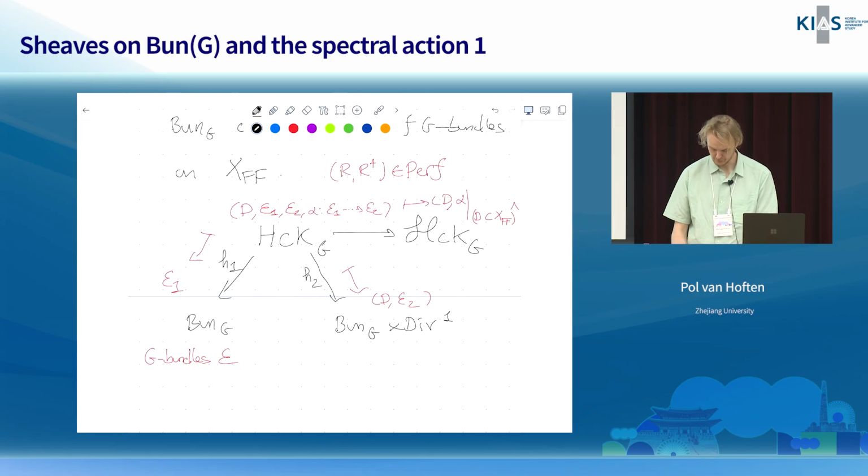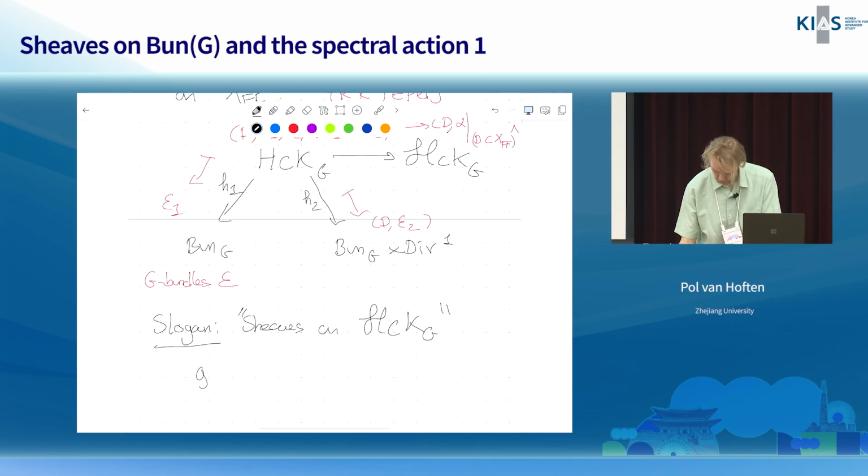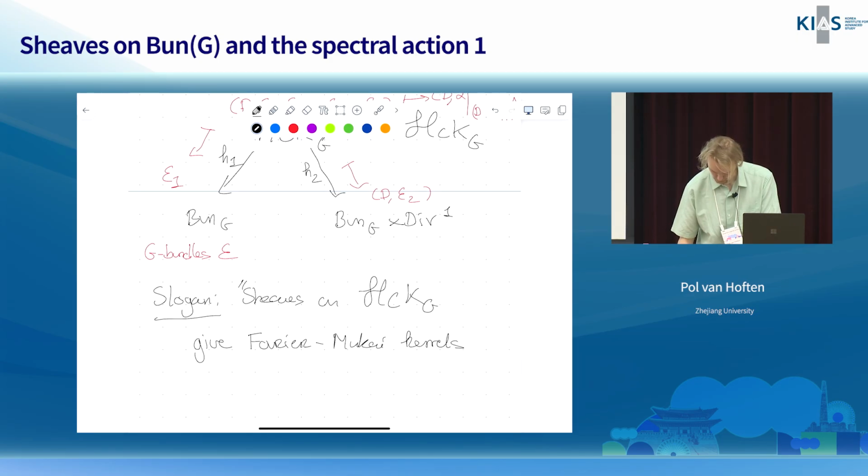And so basically the slogan is, sheaves on this local Hecke stack give Fourier-Mukai kernels on this global Hecke stack.